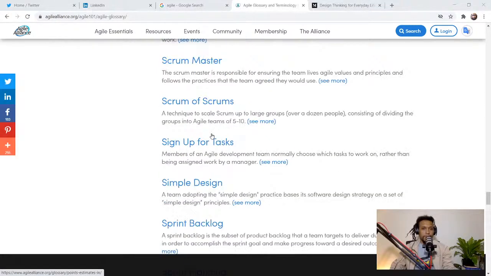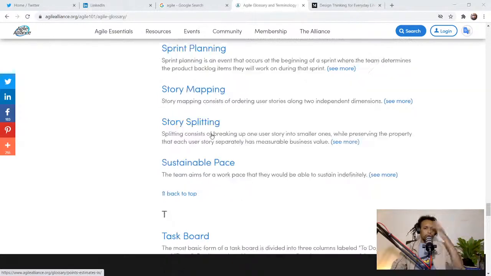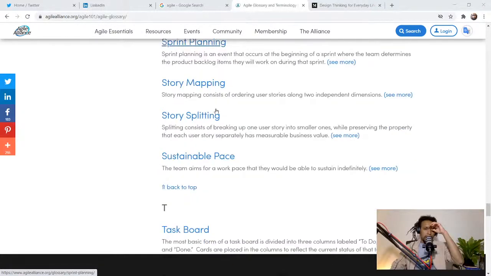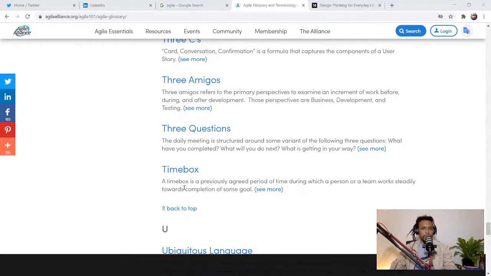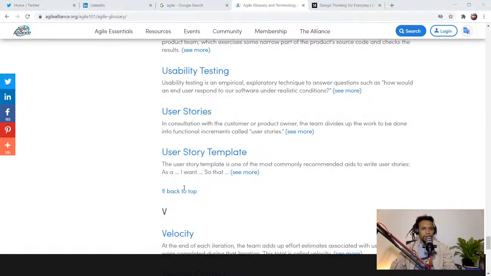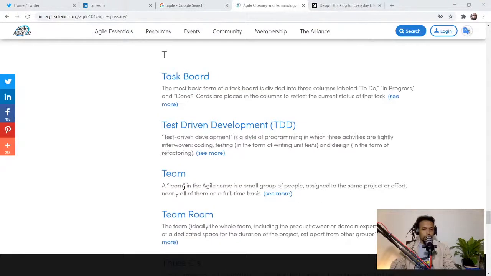But there are some that are really specific to agile environments only, and I would suggest that you want to know what a story is, what is story writing, what is story mapping, what is a sprint, what is sprint planning, what is a retro, that kind of thing. These are actual terms that people within the agile environment are using, and you can get lost pretty quickly if you don't know what these terms mean.